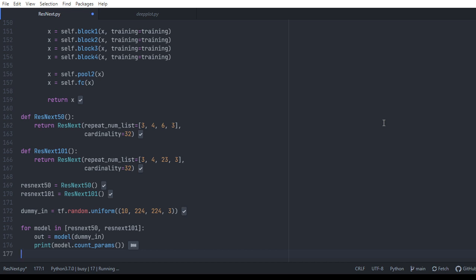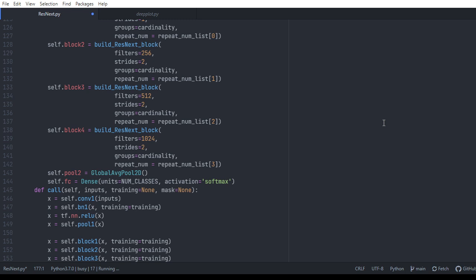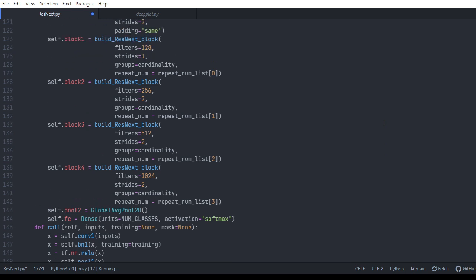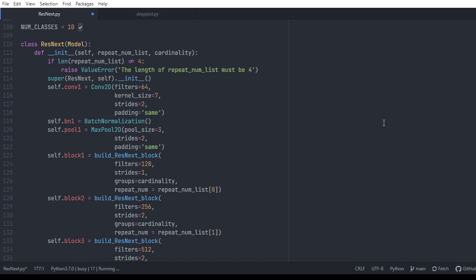So as it runs, basically this is ResNext explained in its finest. We see that it's really easy to understand, considering that there's not much difference between this one and Resnet apart from the cardinality dimension.